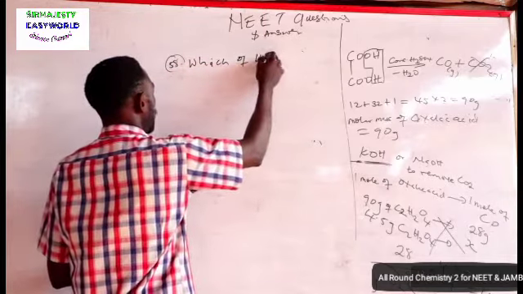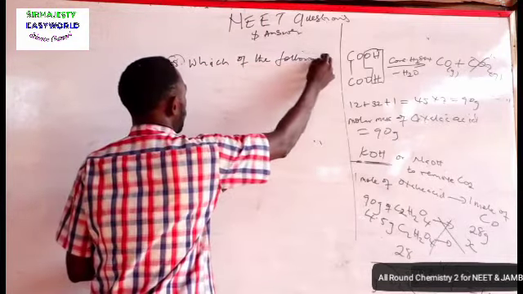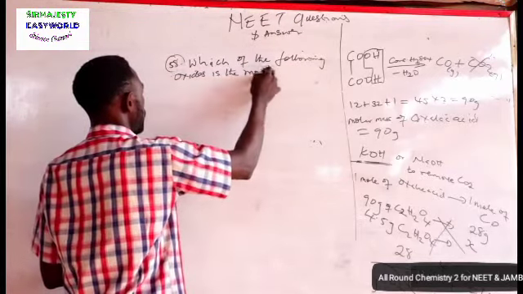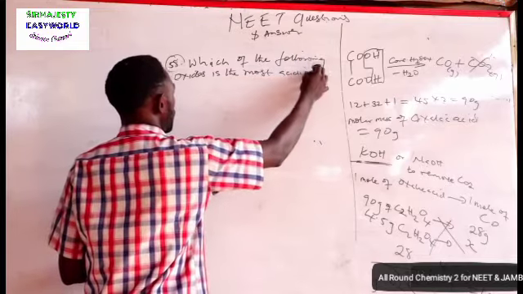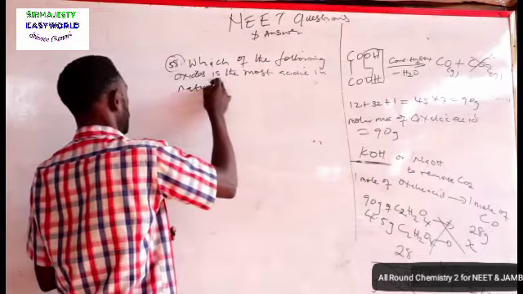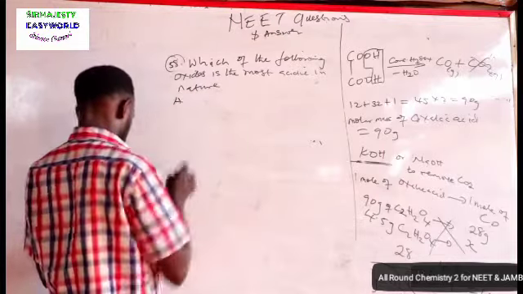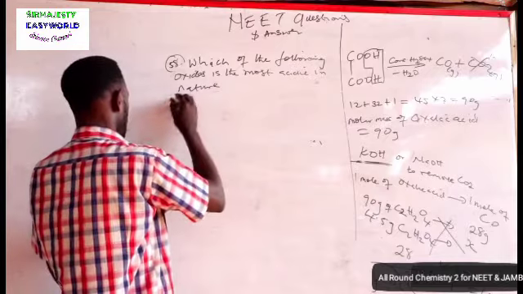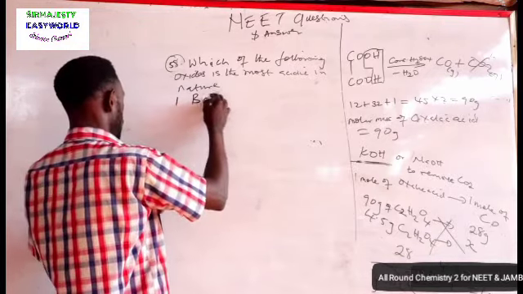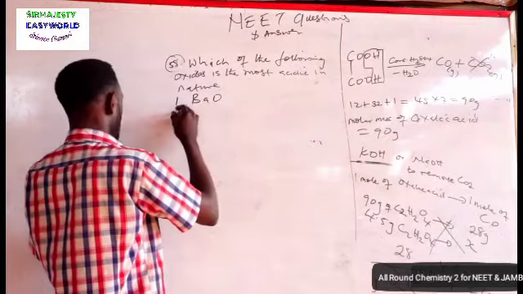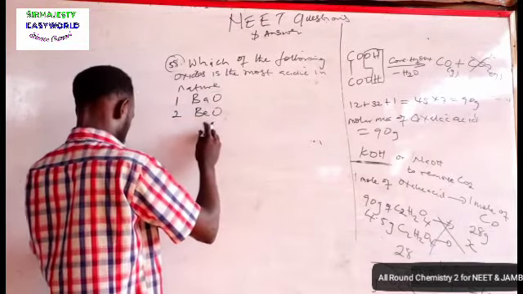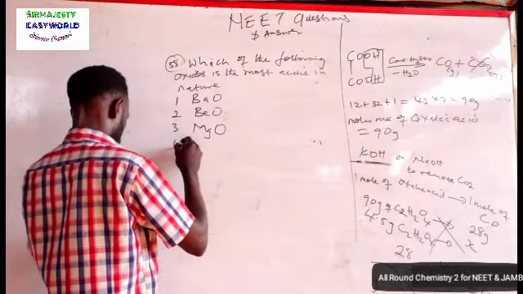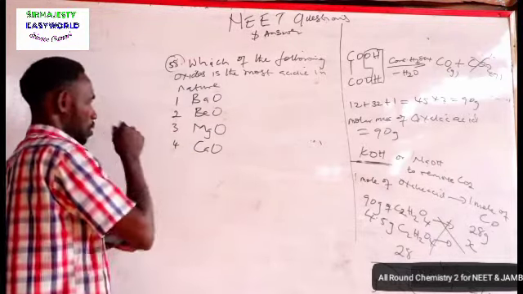The options are: option 1, barium oxide; option 2, beryllium oxide; option 3, magnesium oxide; option 4, calcium oxide.